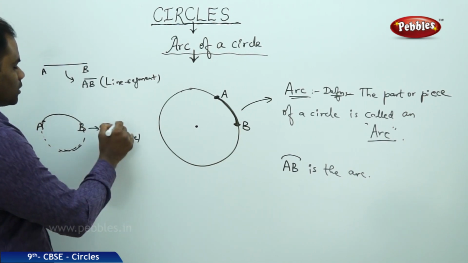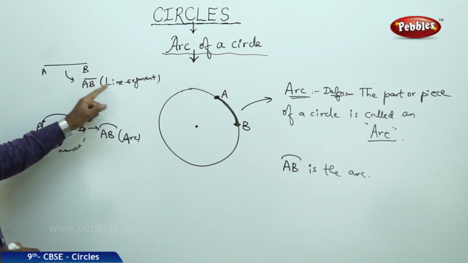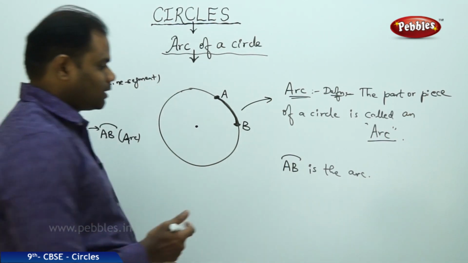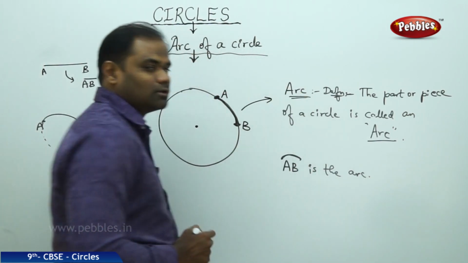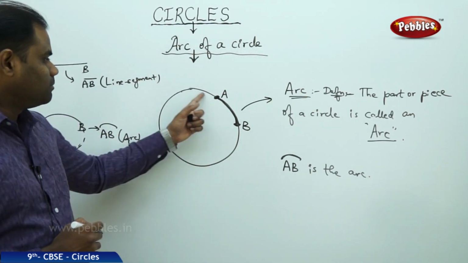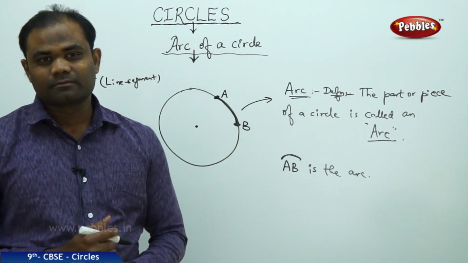So the symbol I put on top defines this to be an arc and that to be a line segment. An arc always has this symbol on its top. So arc AB is the arc for the circle as given here.